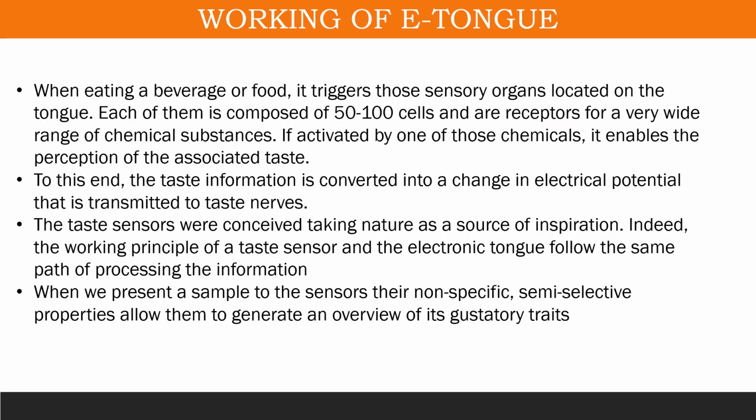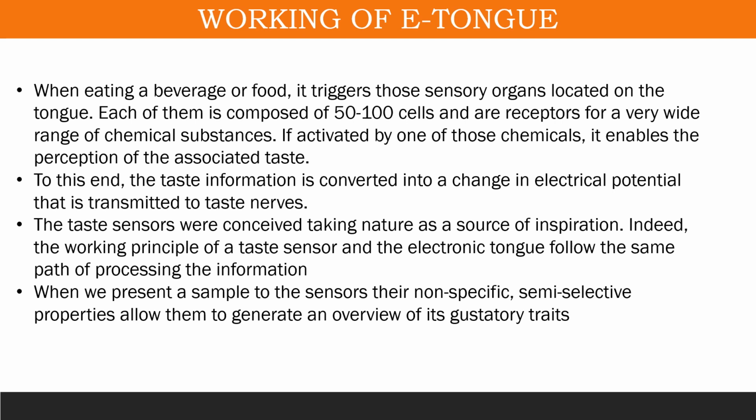Working of e-tongue. First, we will look at how our tongue works. When we eat a beverage or food, it triggers the sensory organs located on the tongue. Each of them is composed of 50 to 100 cells and a receptor for a wide range of chemical substances. If activated by one of those chemicals, it enables the perception of the associated taste. The taste information is then converted into electric potential and transmitted to the taste nerves present in our brain.